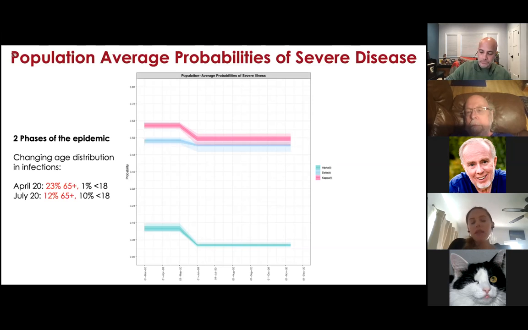But the probability of death given ICU admission hasn't changed that much over time. So once you've made it through all those filters, it's the same likelihood of death as in the first phase of the epidemic. Those are some of the takeaways from our time varying probabilities of severe disease.